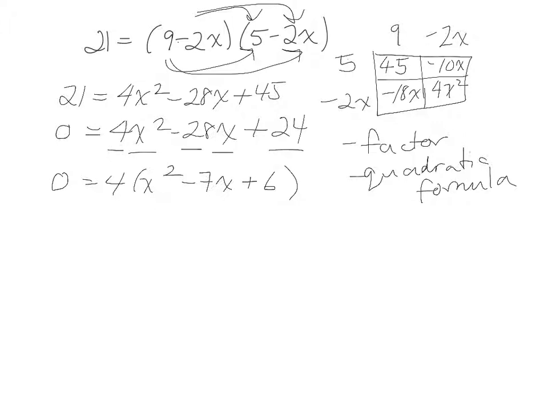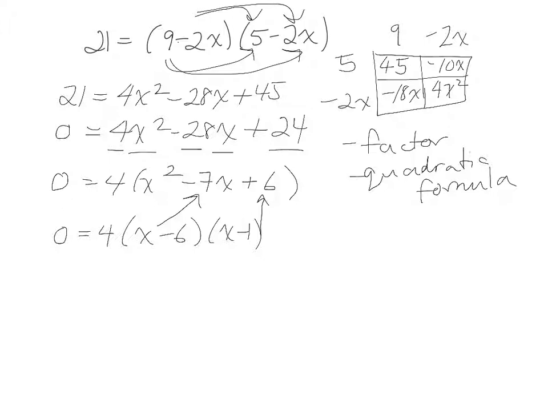So I'm reminded that in order to factor this quadratic, I'm looking for 2 numbers that add to minus 7, and the same 2 numbers need to multiply to 6. So I'm looking at minus 6 and minus 1. So x minus 6 and x minus 1.